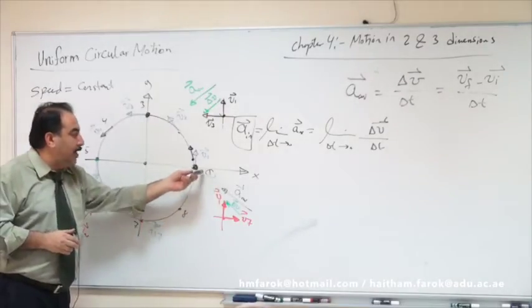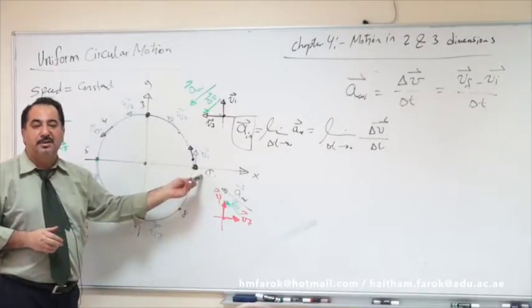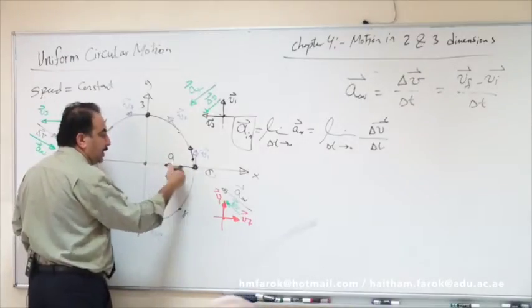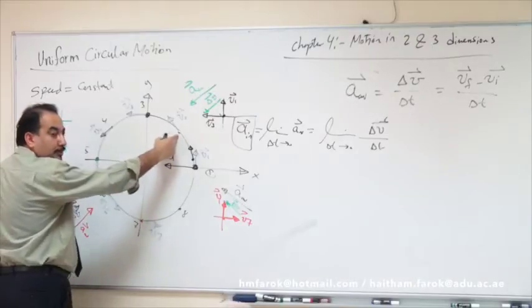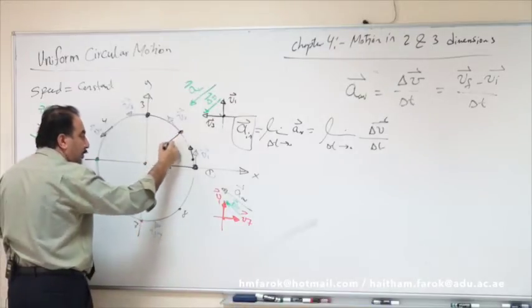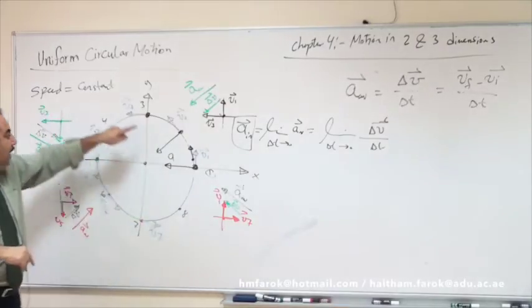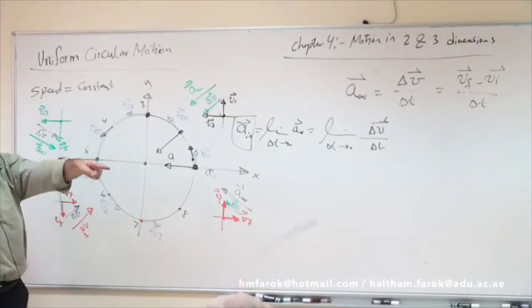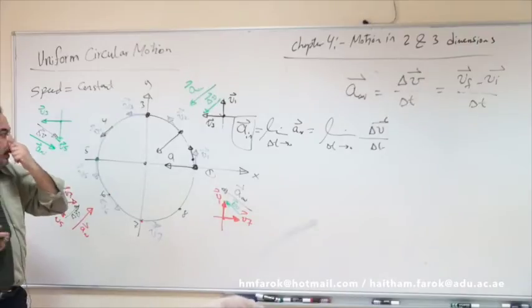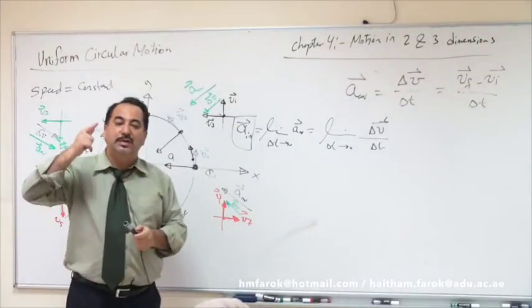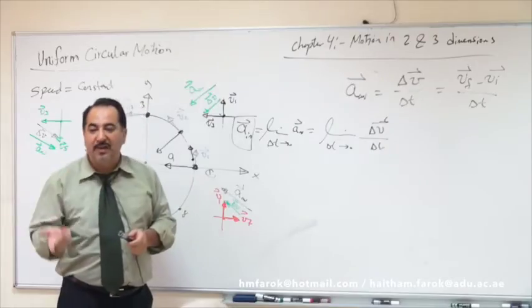So at 1, what's the acceleration direction? Towards the center. At 2, towards the center. At 3, towards the center. At any point, you have an acceleration pointing towards the center. This acceleration in circular motion, which always points towards the center, we have a name for it.